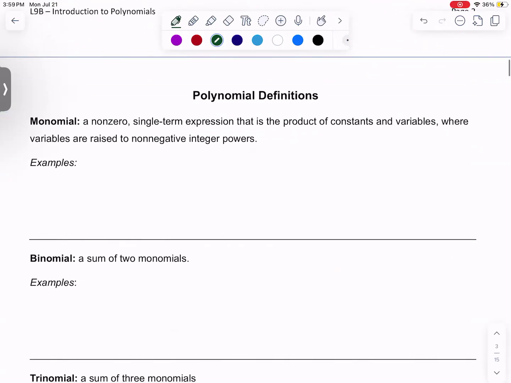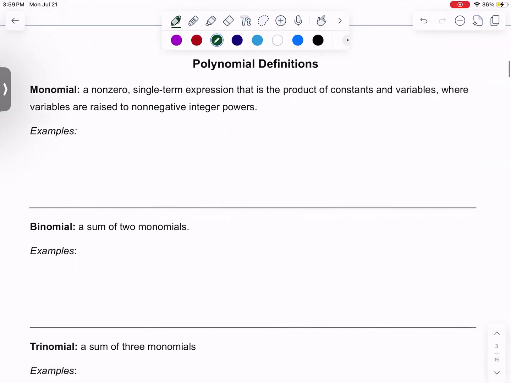And so some definitions for us: x squared times x, which became one term, is actually called a monomial. A monomial has the word mono in it, meaning one. It's a non-zero single term, underline that, single term expression that is the product of constants and variables, where variables are raised to non-negative integer powers.